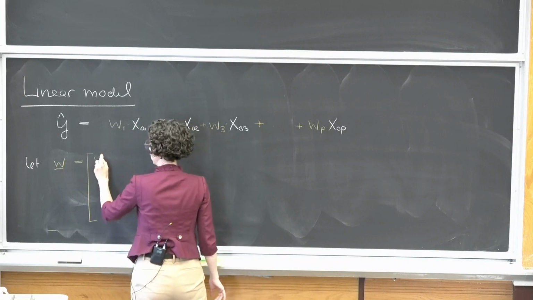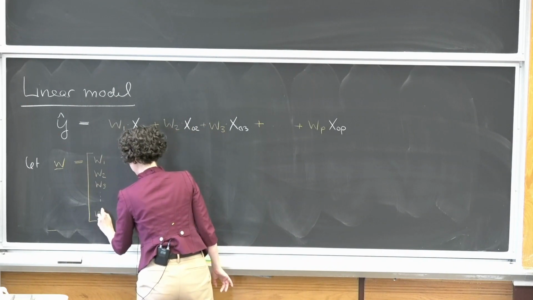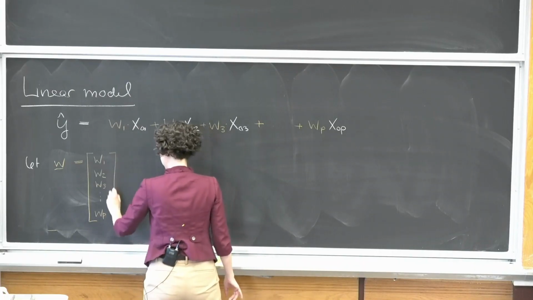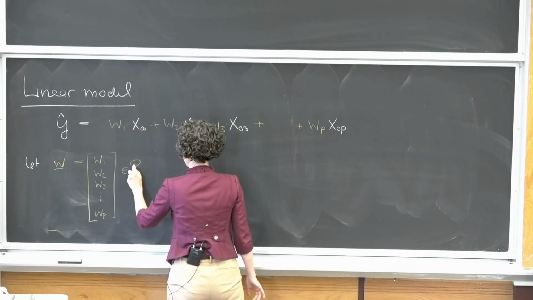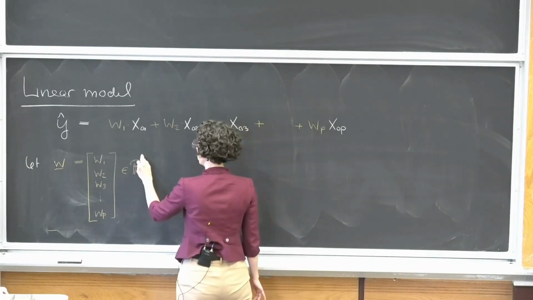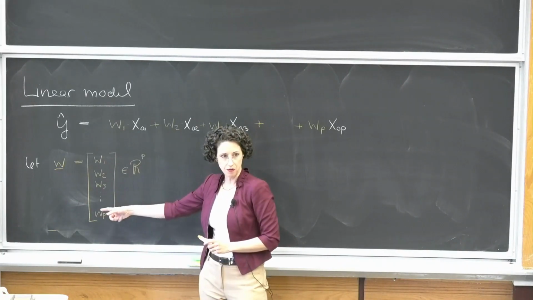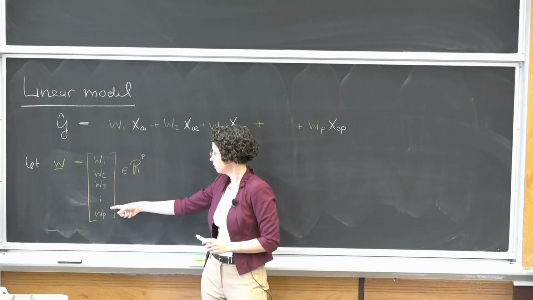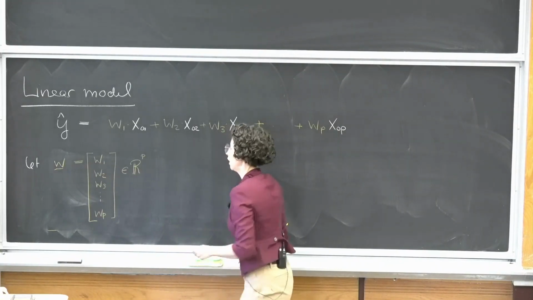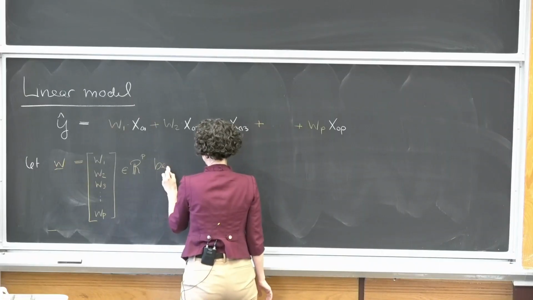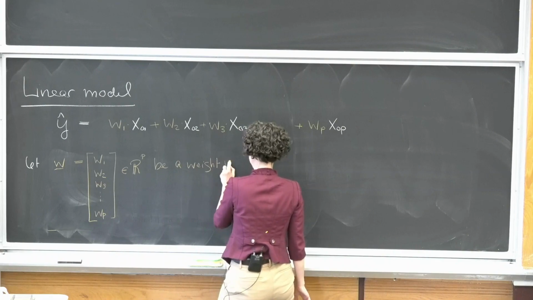So we have in this vector W1, W2, W3, all the way down to WP. And I'm going to write this as in R to the P. What this means is that this weight vector W has P different entries, and each one of them is a real number. And we are going to call this a weight vector.